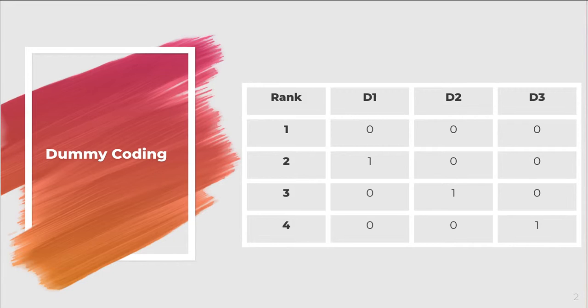I wanted to start off with dummy coding, and note that categorical variables require special attention in regression analysis because, unlike their dichotomous or continuous counterparts, they can't be entered just as they are. They need to be recoded into a series of variables that can then be entered into a regression model.